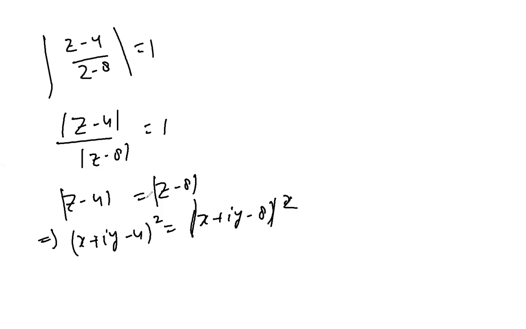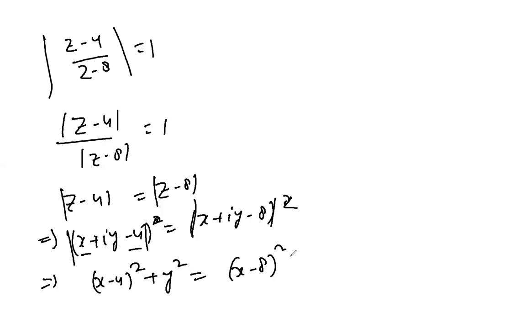I have told you how to take the modulus of a complex number. First square the real part, then the complex part, and then add up. So it will be x minus 4 whole square plus y square equal to x minus 8 whole square plus y square. Here y square cancels out, and you have x minus 4 whole square equal to x minus 8 whole square.